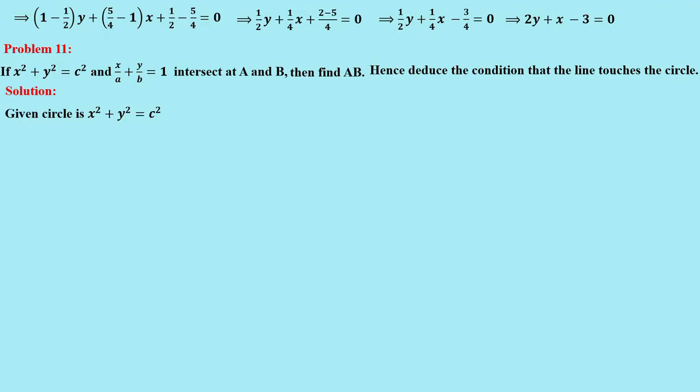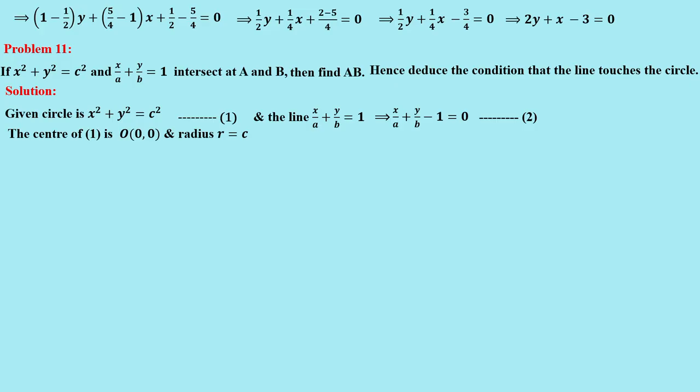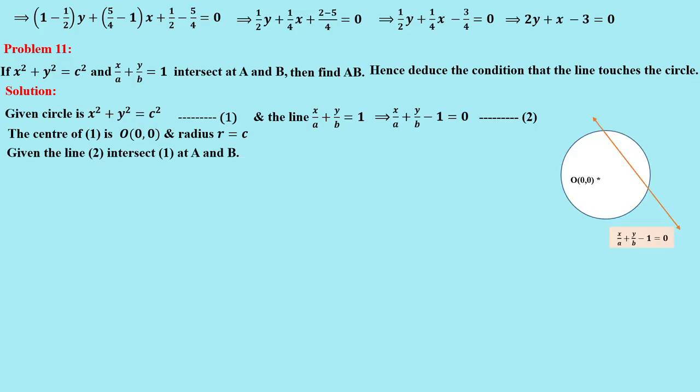So the given circle is x square plus y square equal to c square, that is equation 1, and the line x by a plus y by b equal to 1. This implies x by a plus y by b minus 1 equal to 0, that is equation number 2. The center of the circle is 0, 0 and radius r is equal to c. This is the line, given to intersect the circle at A and B. So join OA and OB.